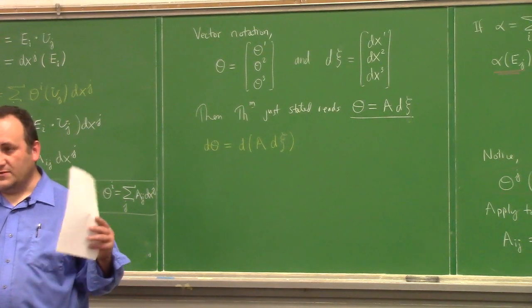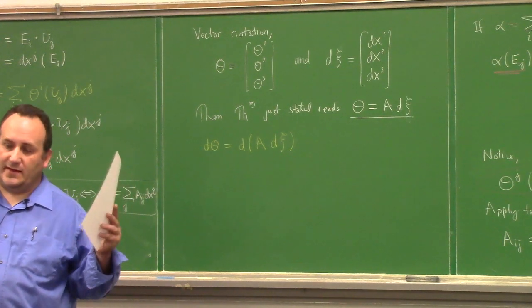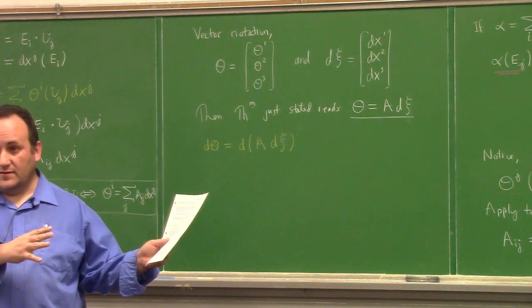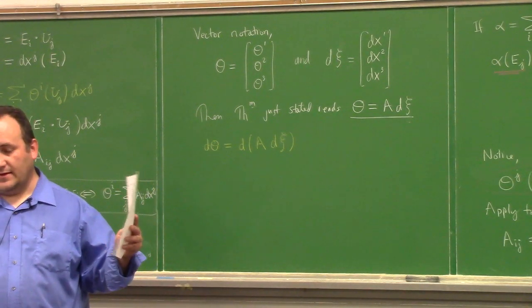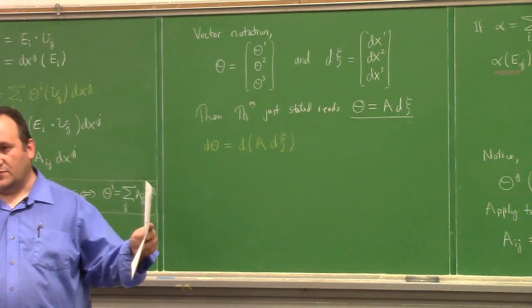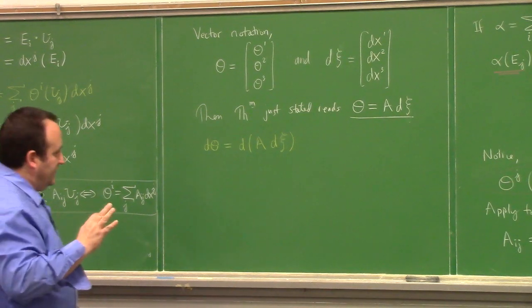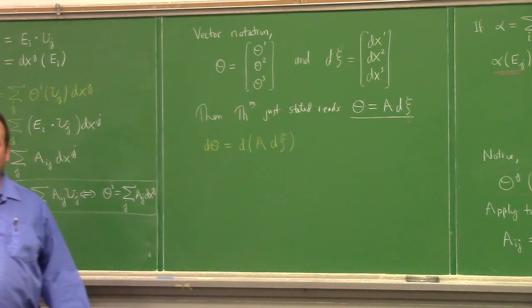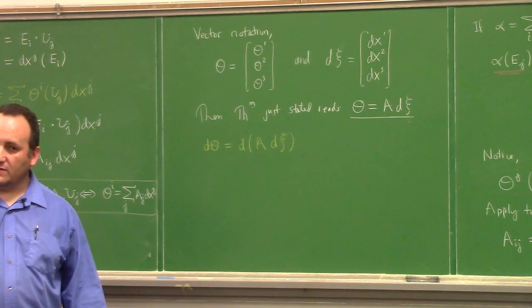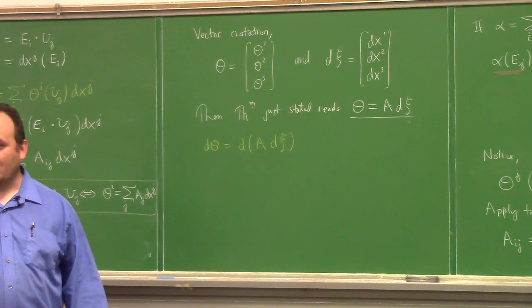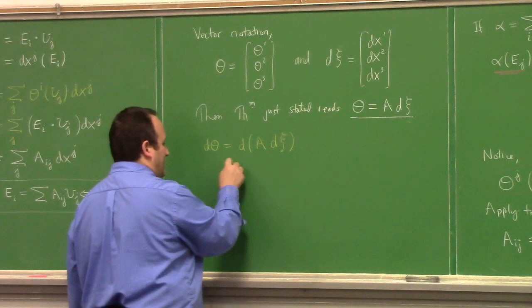In other words, we multiply a matrix of forms times a vector of forms in the same way that we multiply a matrix of numbers times a vector of numbers, with the provision that when we multiply the objects, we keep the wedge products in order. Another aspect of that is, remember we proved a product rule, and we proved that d squared was 0. Maybe proved is too strong a word. It can be proved if you have enough time.